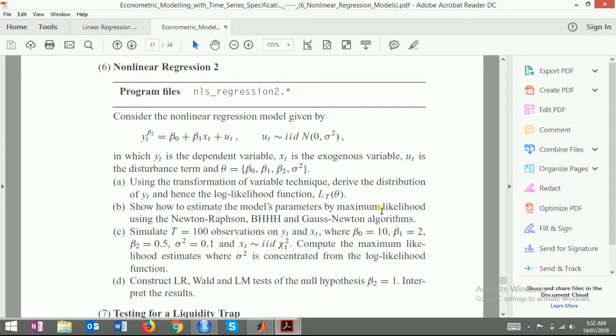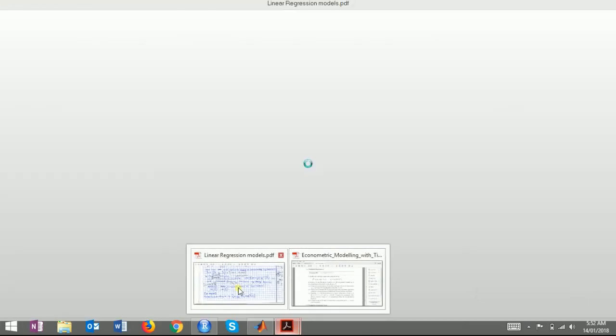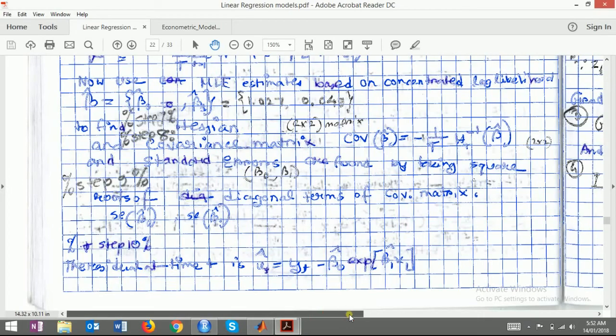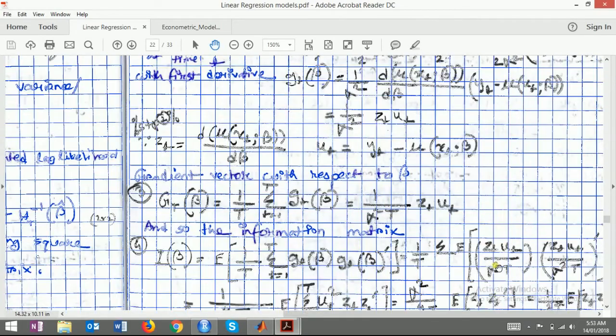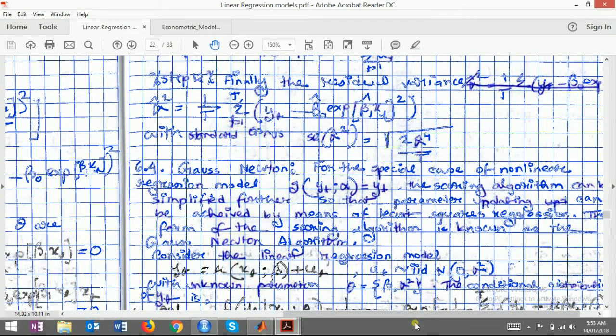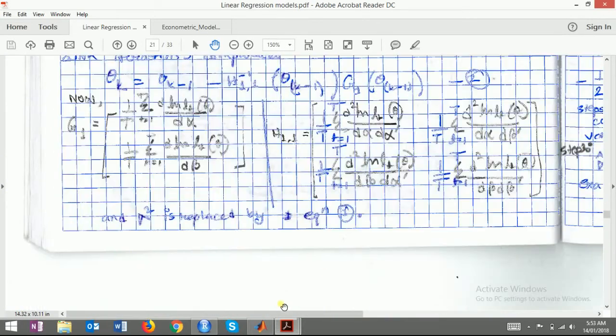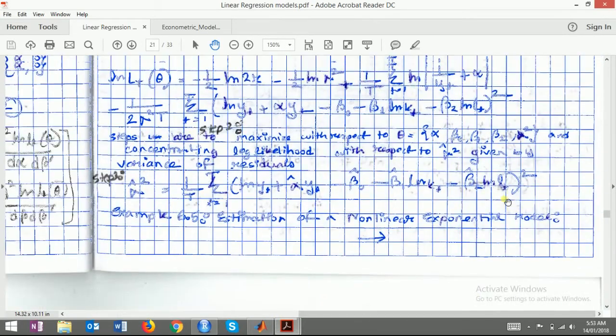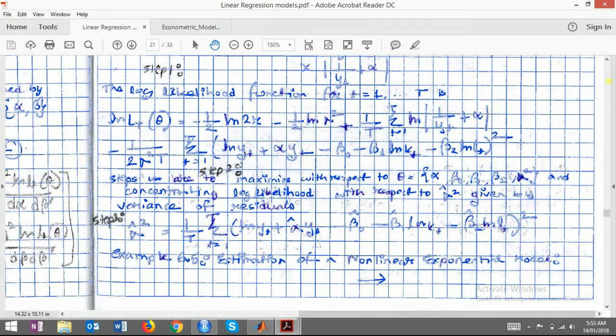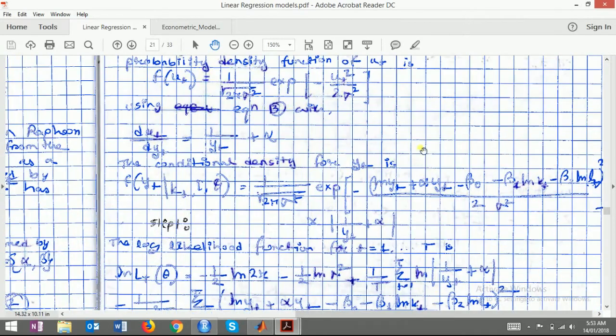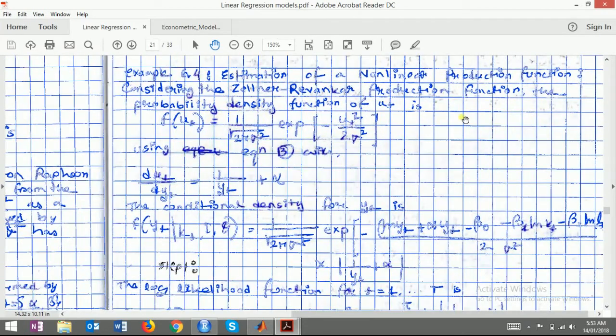This problem should be very similar to this one. See, in this problem what we had, first, a production function given to us.